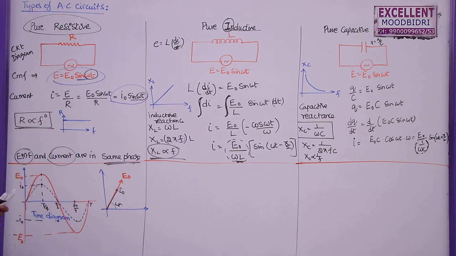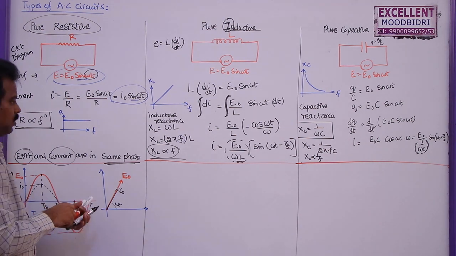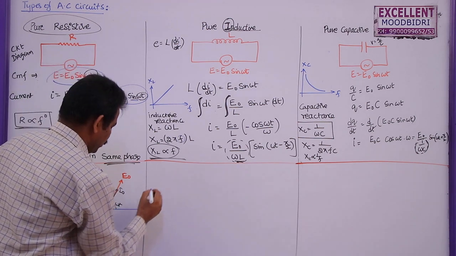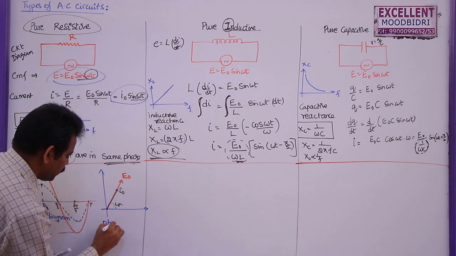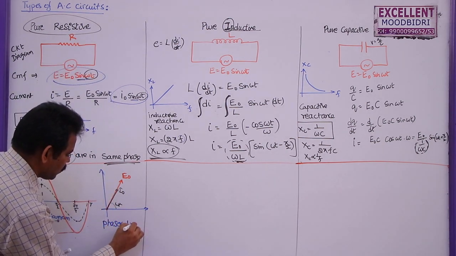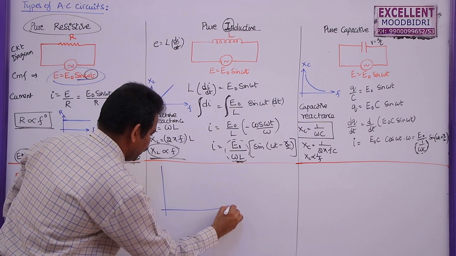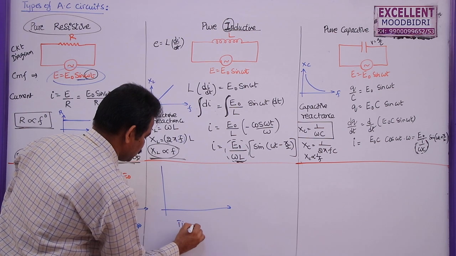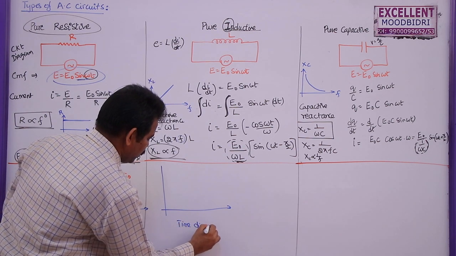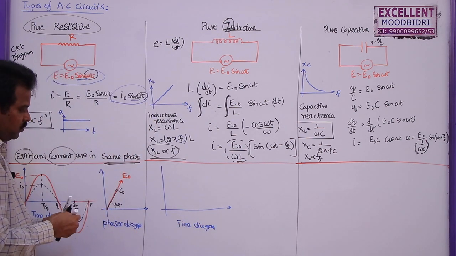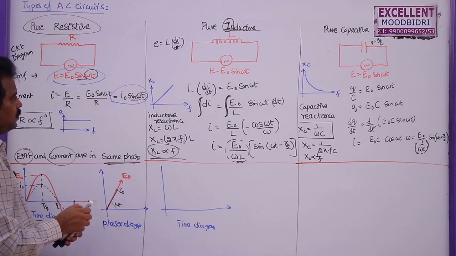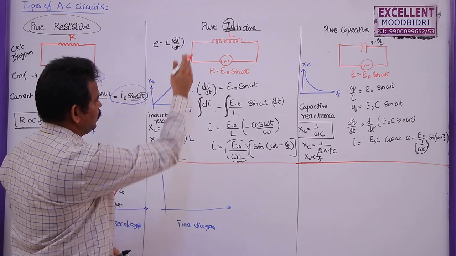Now what happens in case of the pure inductive circuit between this current and EMF? So this is called the phasor diagram. Now first let me draw the time diagram here that shows the variation between EMF and current for a pure inductive circuit.